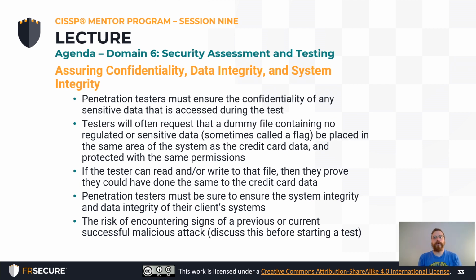A lot of times what we'll do is say, what's your target goal? And they'll say, well, there's going to be a file. They won't maybe tell us what it is, because that would be easy, but there'll be a file with a phrase in it. When you can tell us the phrase in the report, or provide the answer to the question in that file, that's how we know you were able to access that area.